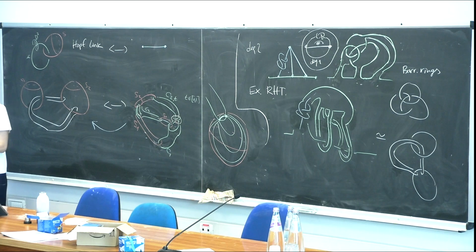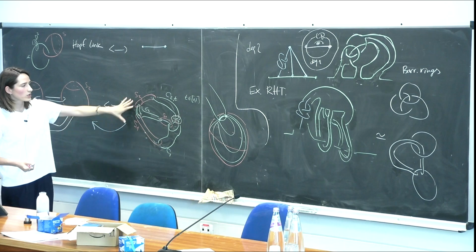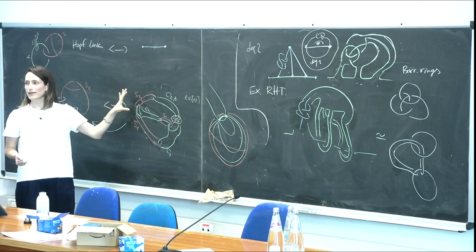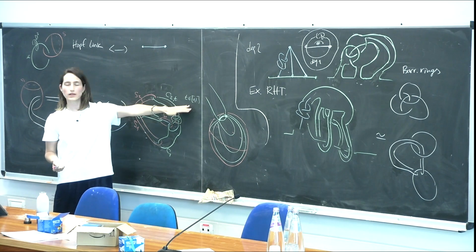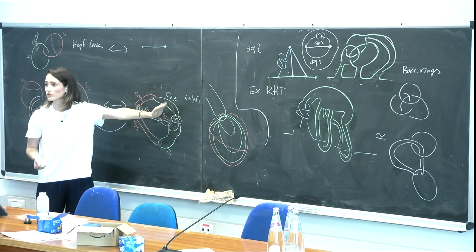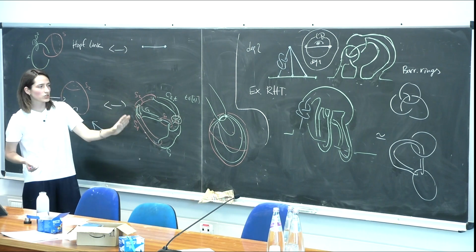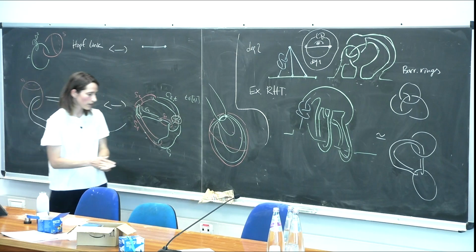Okay? And why is this interesting, and why will this still be useful? It's because now, instead of doing one surgery on one link, we actually have a family of links that depends on a parameter. Everything stays the same except this guy moves, right? But it's a family of links. And for each link in that family, you can do surgery, okay?